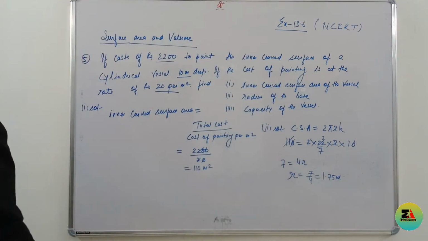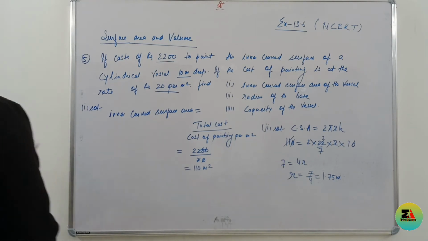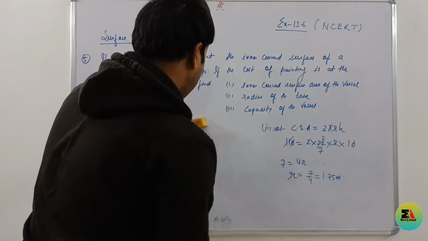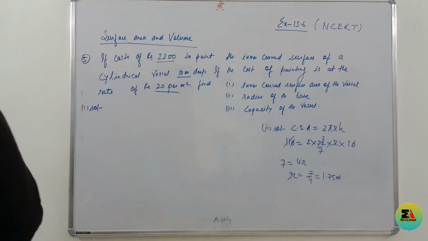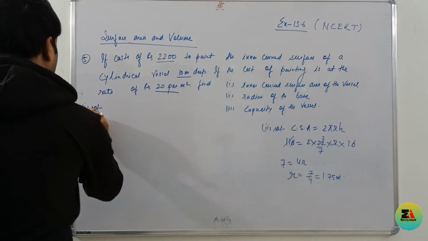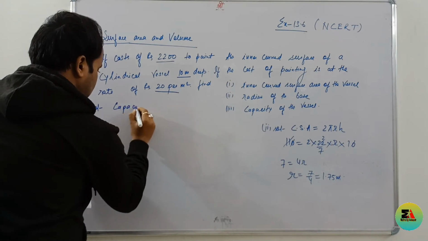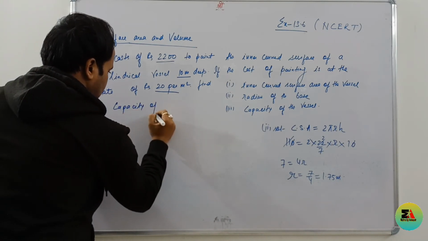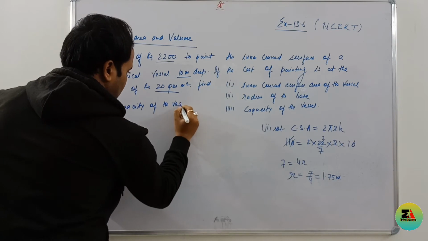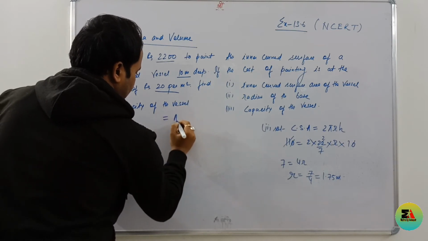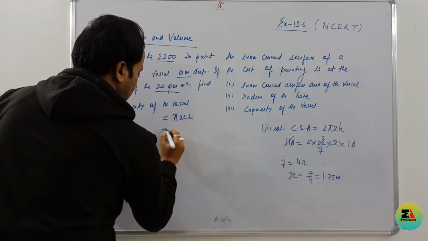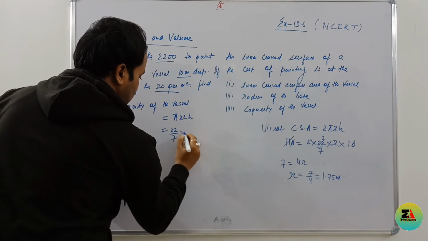Clear? And our last case is capacity of the vessel. Now capacity of the vessel. We know that pi r square h. Substitute all the values.